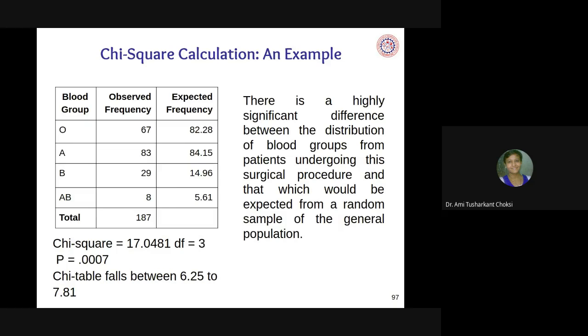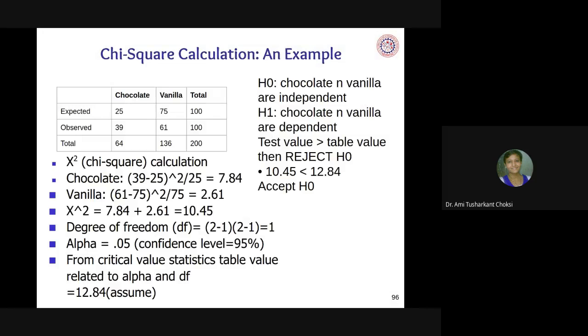So chi-square calculated is greater than chi-square table. What do we do for that? If the test value is greater than the table value, we reject the hypothesis, right?